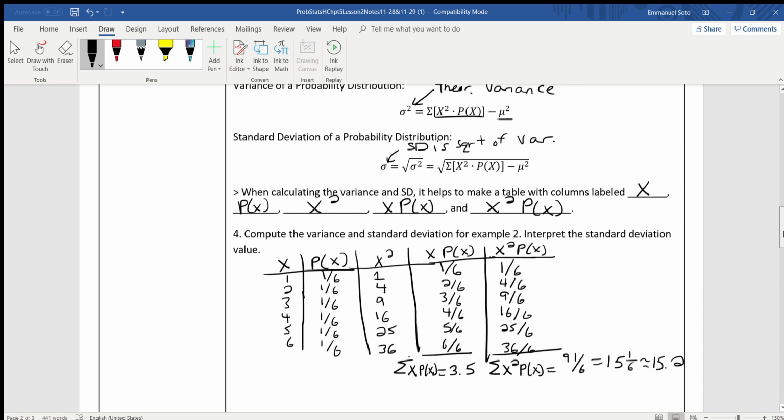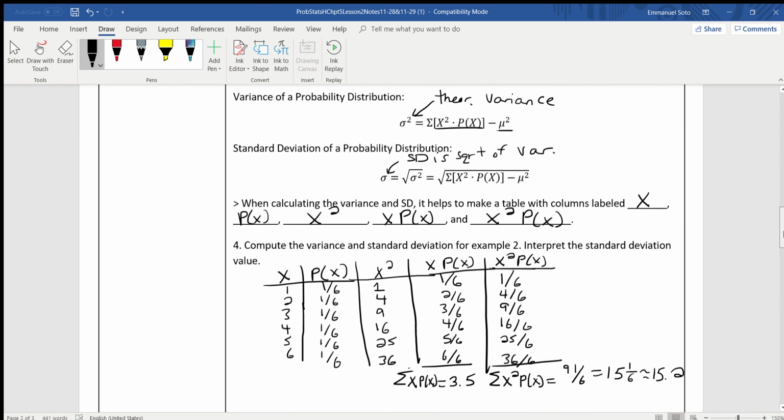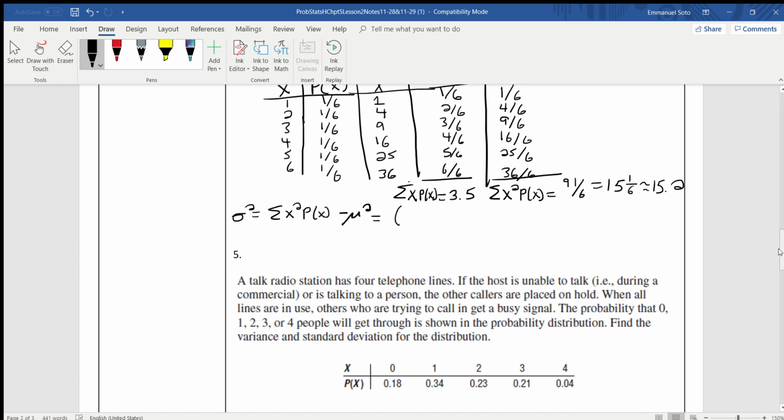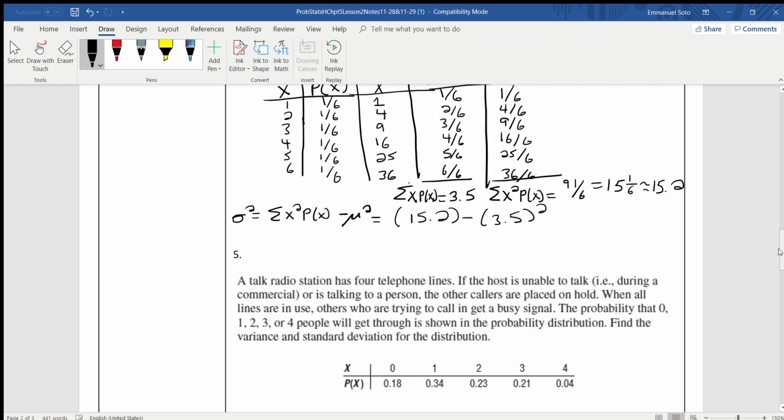Now we're going to plug it into the formula. Sigma squared equals the sum of x squared p of x minus mu squared. We take our sum of x squared p of x, which we said was about 15.2, and subtract our mu squared, which is 3.5 squared.